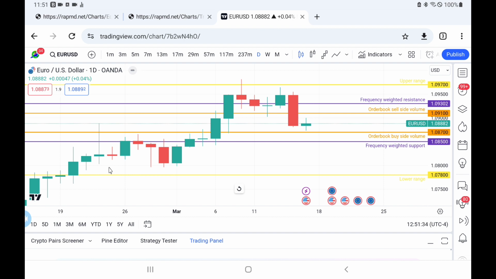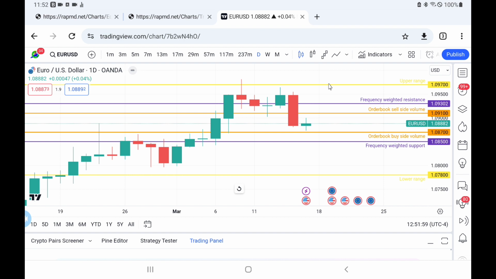We could also end up reversing course and breaking the upper range level and going upwards. Realistically, though, I don't see the probability of price going above this level anytime soon. There isn't enough evidence in the order book to suggest that it is a likely scenario.